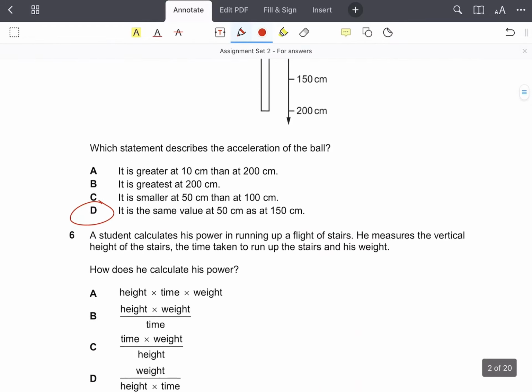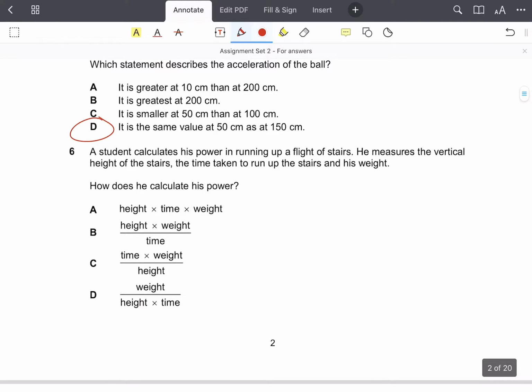Okay, question number 6. A student calculates his power in running up a flight of stairs. He measures the vertical height. So technically, sometimes in the O level papers, they always give you this kind of diagram. Then they tell you that there's a height here. So he knows his weight. So what is the power?